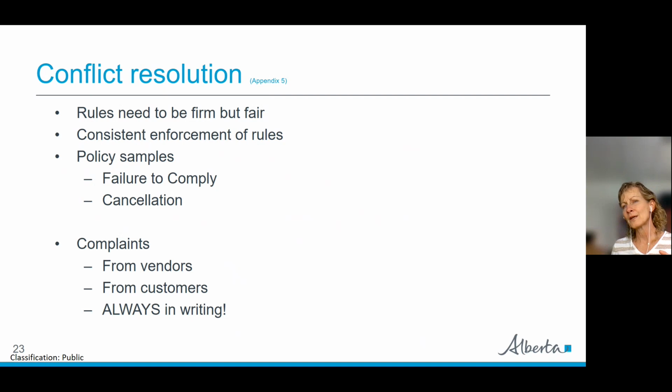And just some ideas and things to include within your market rules and to make sure that you are being consistent with respect to, if you've got vendors who are failing to comply with the rules, how do you deal with that? Most markets have a 3-strike policy in place. So what happens, what is it? Is it a verbal warning, written warning, third warning, you're expelled, or whatever that may be? So they've provided a sample for you to consider adopting or adjusting for your own market needs.